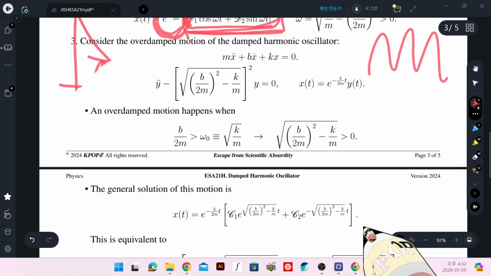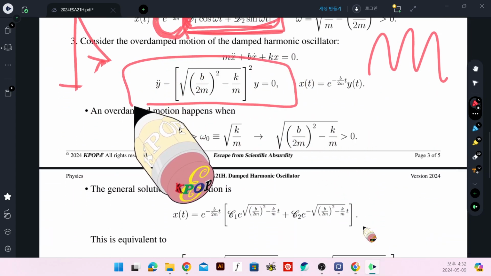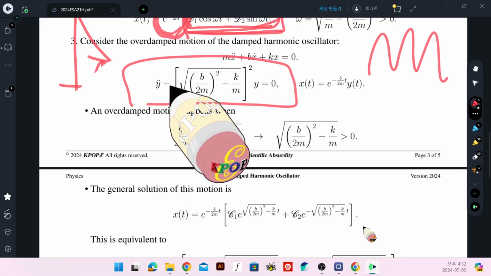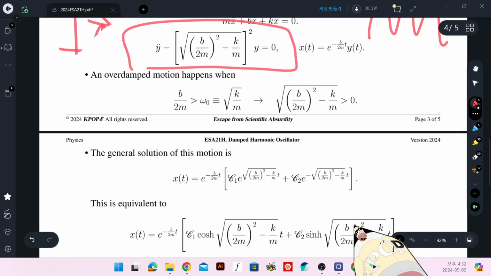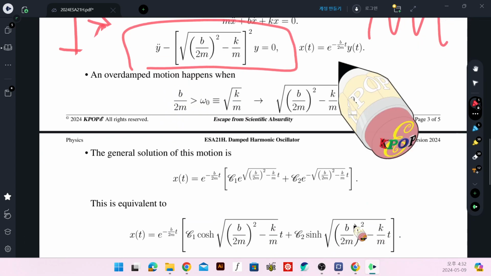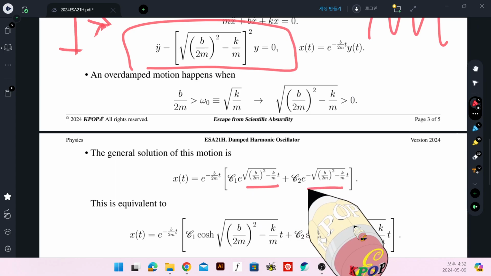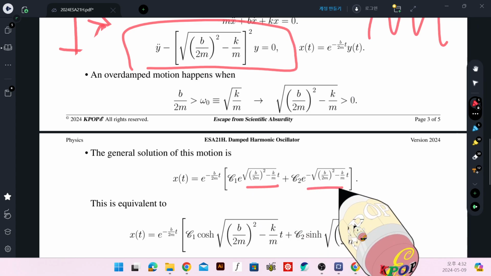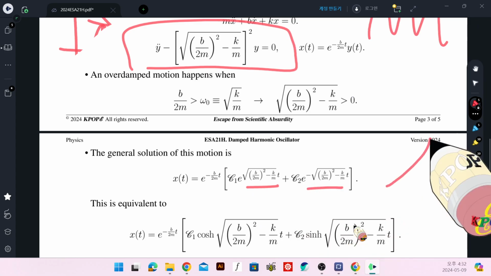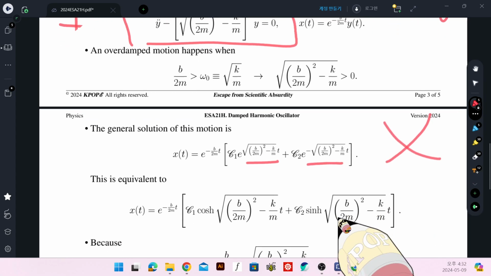This is again a trivial second order linear differential equation, but because this is a negative sign, our final result for the y function is a linear combination of two exponential functions. It is either increasing or decreasing.